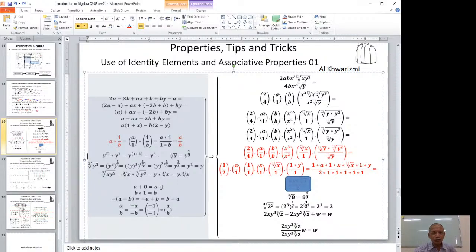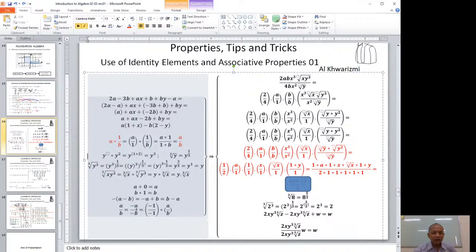Do it at home, look at them again when you have time. Okay, so this again means use of the identity element, for multiplication and for addition.